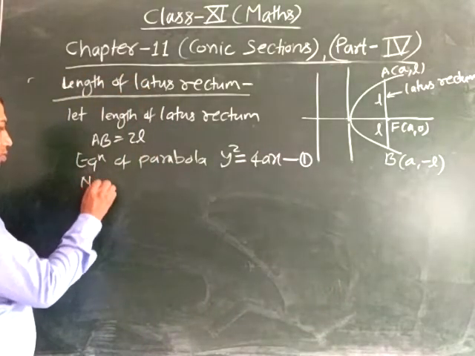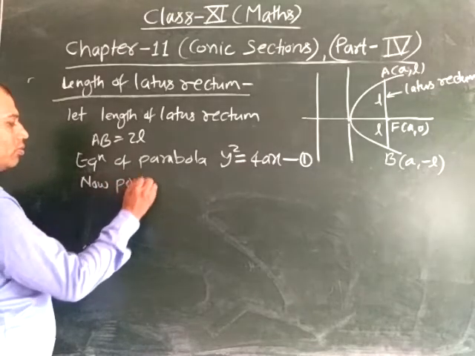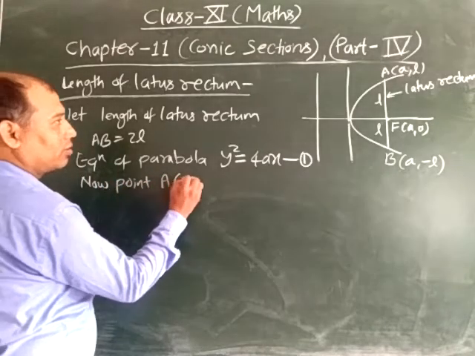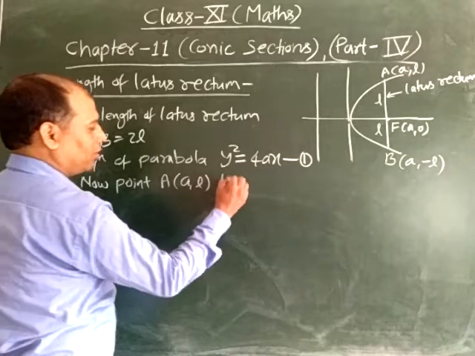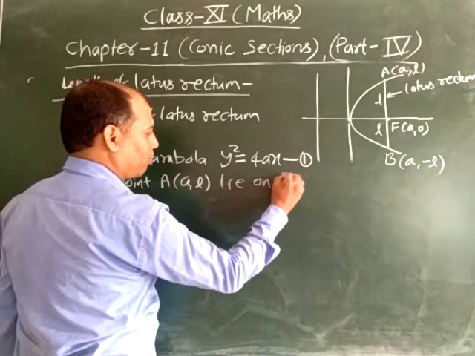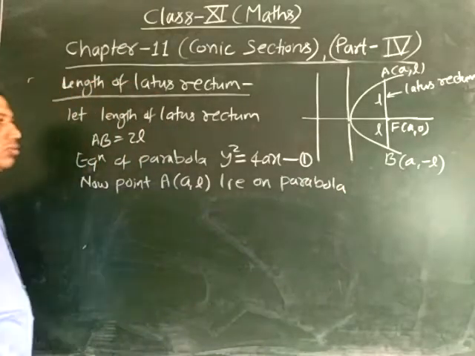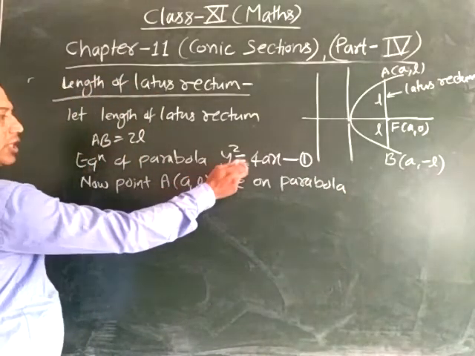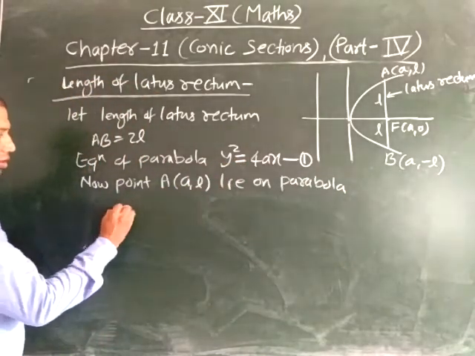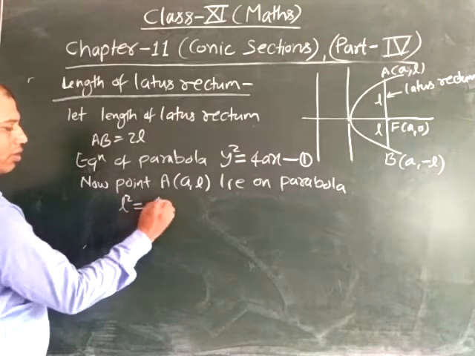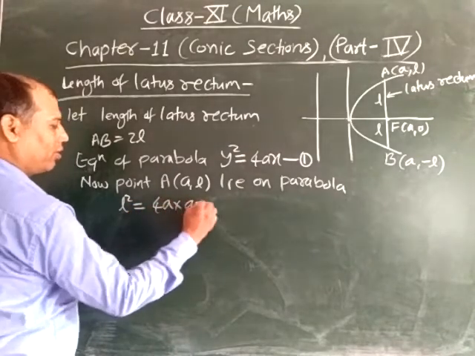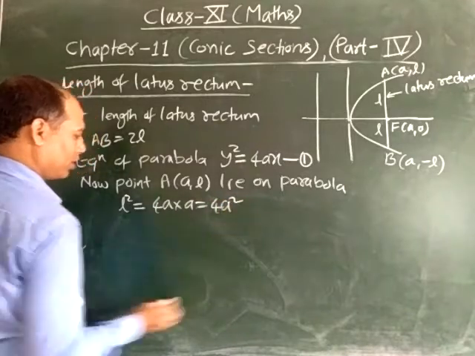Now point (a, L) lies on the parabola. So this point must satisfy the equation of the parabola. So we can write L square equal to 4a into a. This is equal to 4a square.